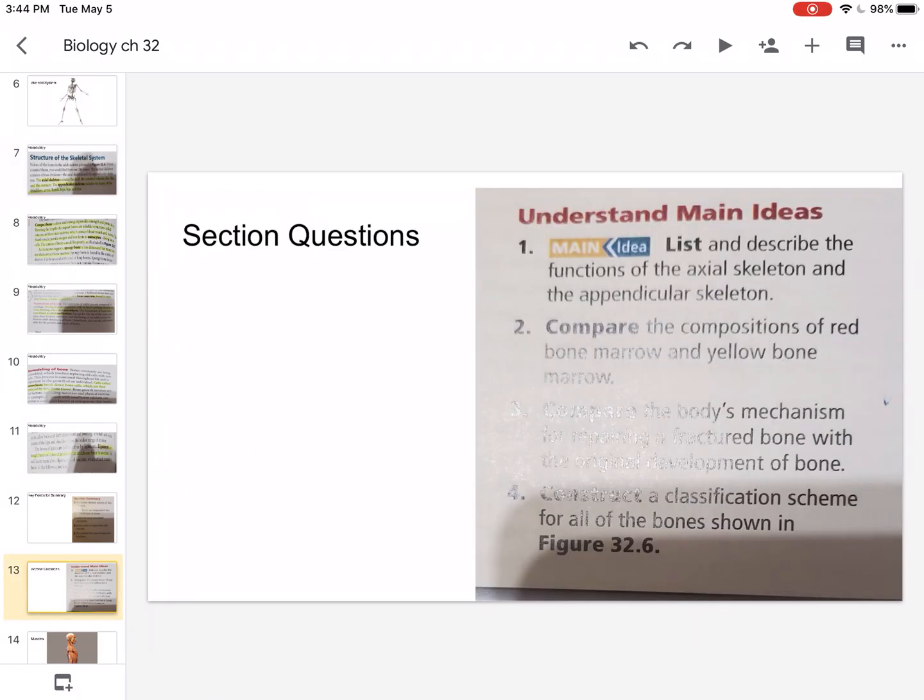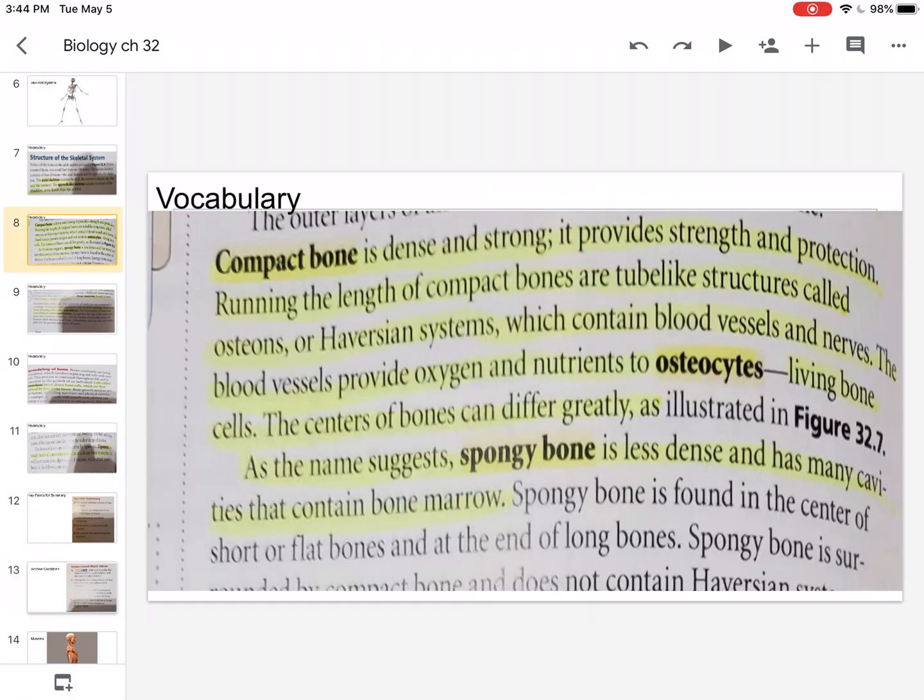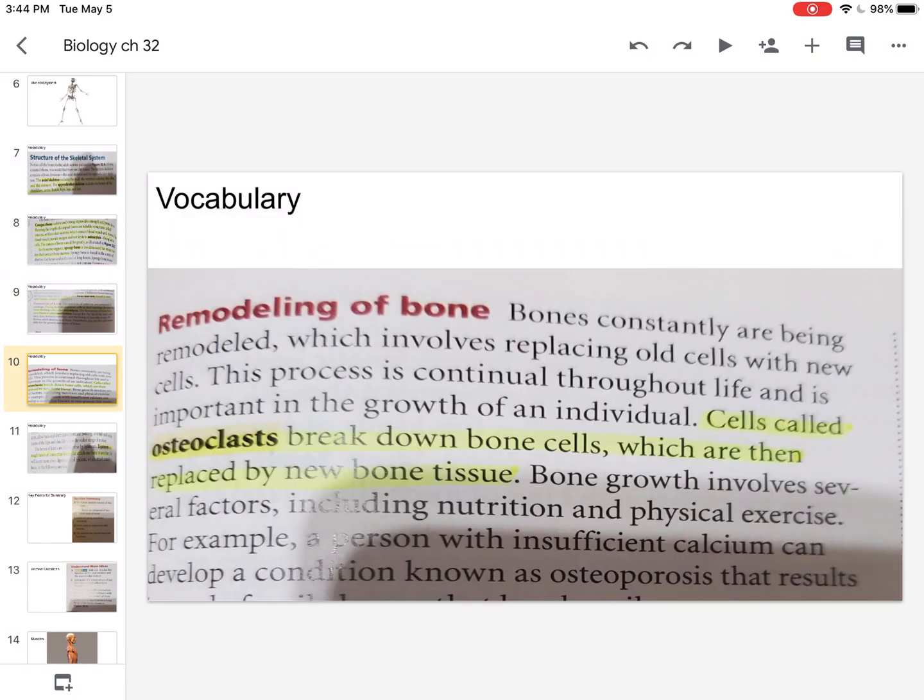So next one. Compare the composition of red bone marrow and yellow bone marrow. So let's find that. That is on page 942. Let me look real quick and see if I can find this so you guys can actually see it.